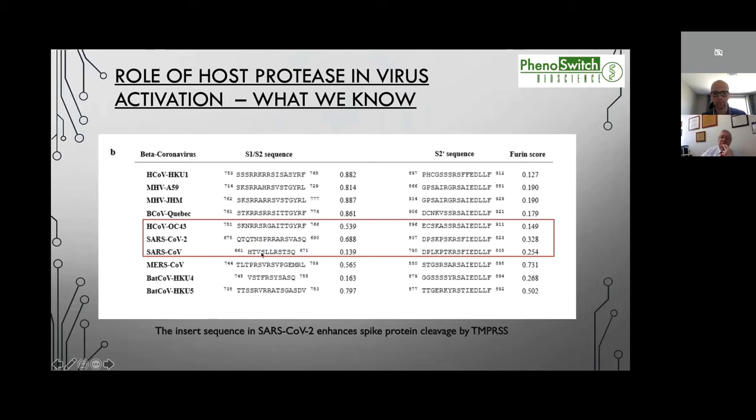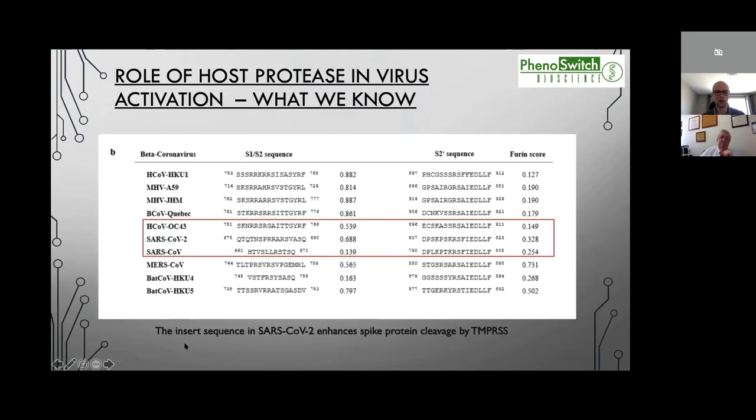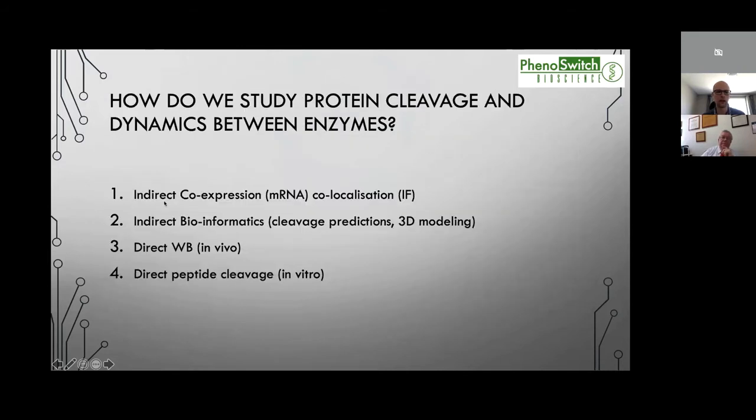All right. So how do we study that kind of interaction? In the paper I just presented, published a few months ago, they actually use an indirect approach where they look at co-expression of the mRNA of the coronavirus and the mRNA of the proteins and make correlations based on that.